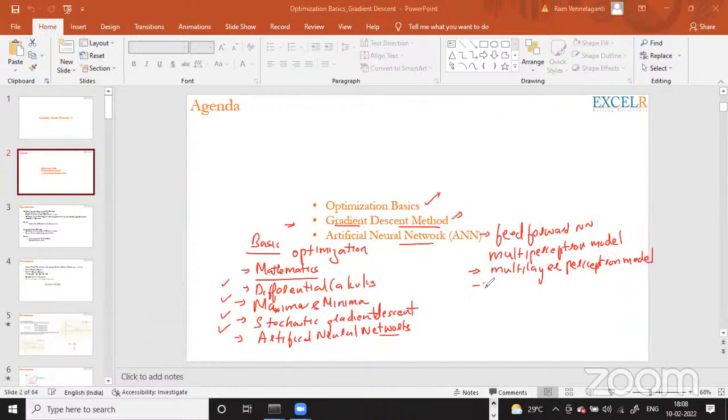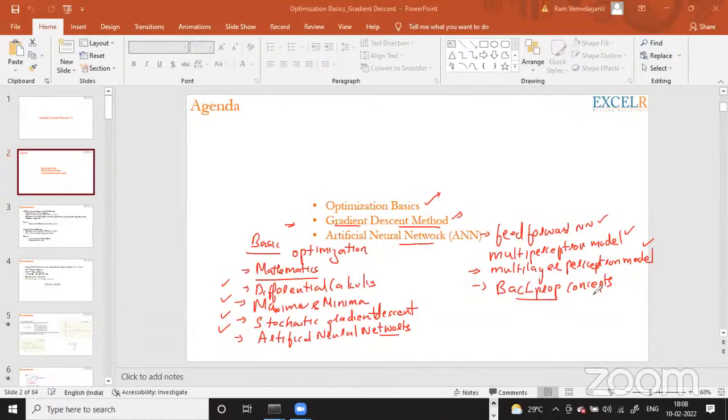And then we'll be focusing on backward propagation concepts in our discussion. So all these topics we are going to see: feed-forward neural networks, multi-layer perceptron models, and backward propagation concepts as part of our neural network discussion.